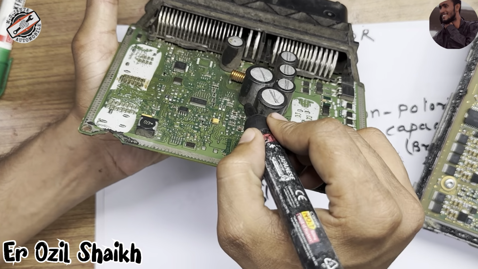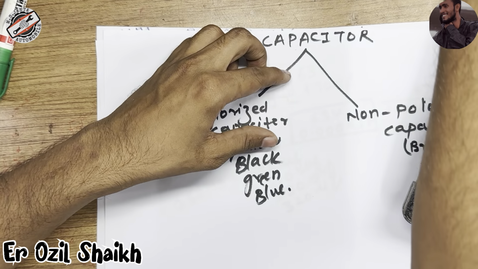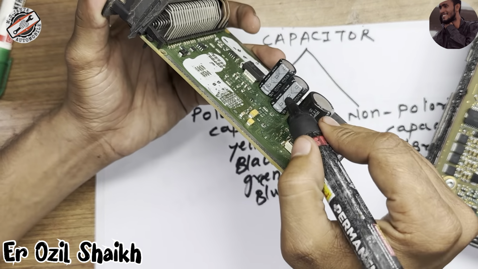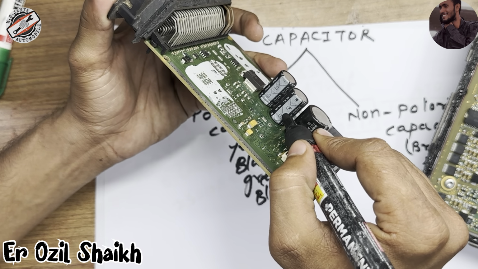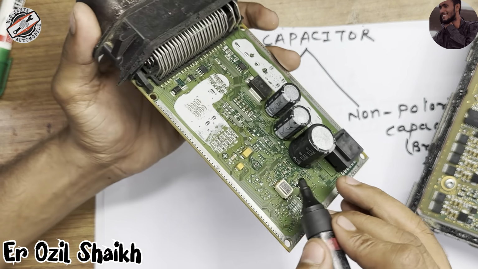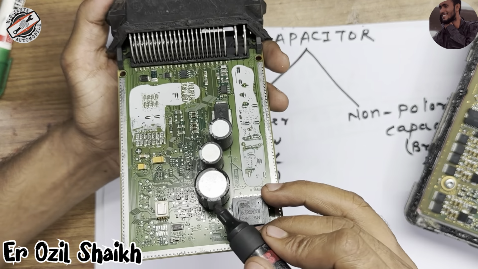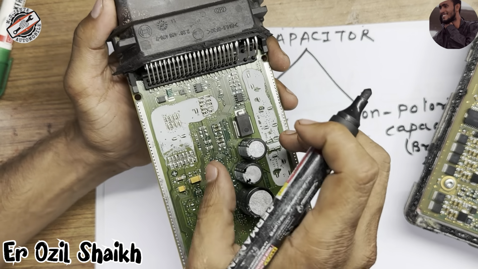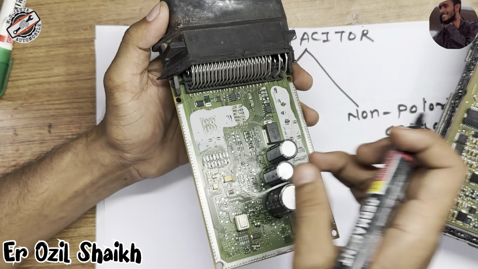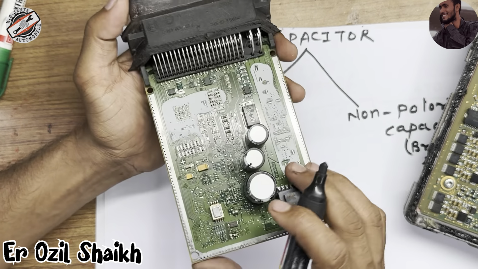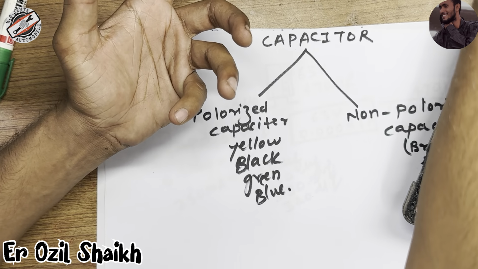You can see the lining, and the lining means this is the negative side of this capacitor and this is the positive side. If you remove it, you have to put it back in the same direction. If you put the wrong direction, it will blast or it will damage your board too.